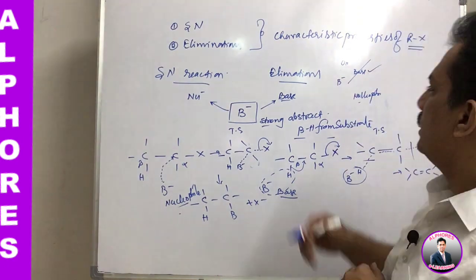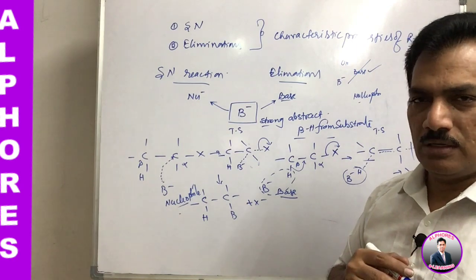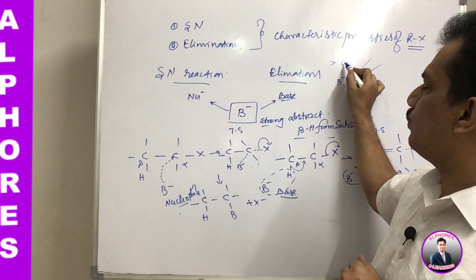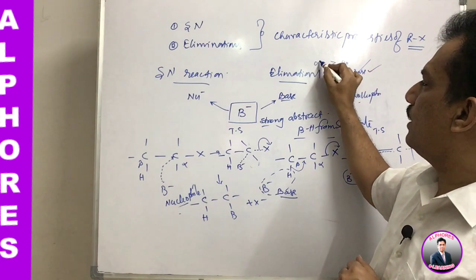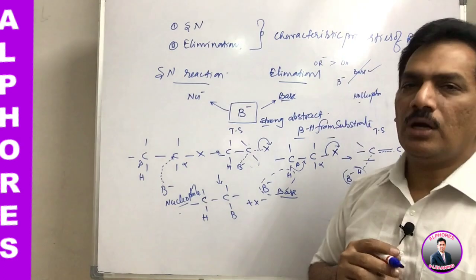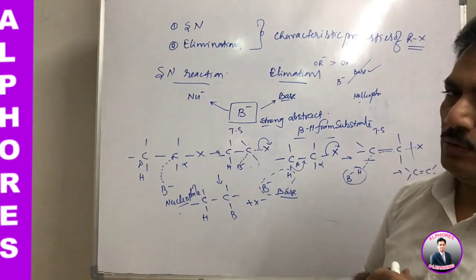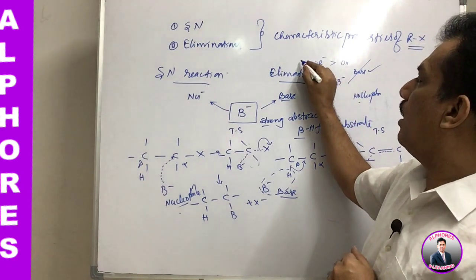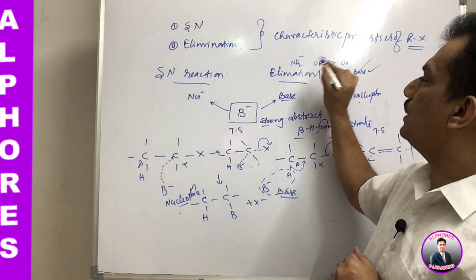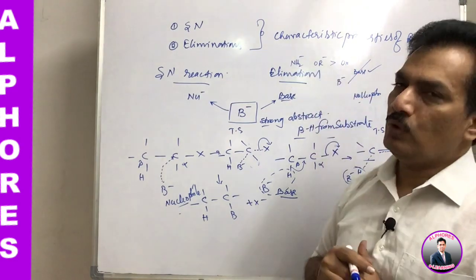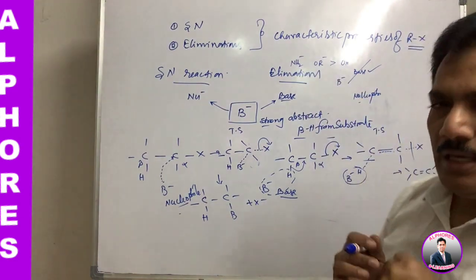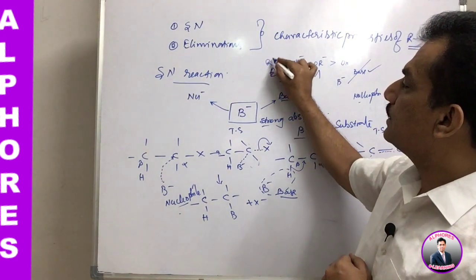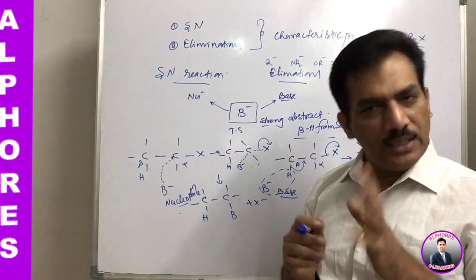And now the question is, if OH minus is not a strong base, what is the strong base? You remember, any other bases which are stronger than this OH minus, best examples already given, it is OR minus, because ROH is a weak acid compared to H2O. So from that the conjugate base, and NH2 minus, it is also a strong base when compared to OH minus, because NH3 is a weaker acid, and R minus, RH, that is alkane, is the weakest acid.